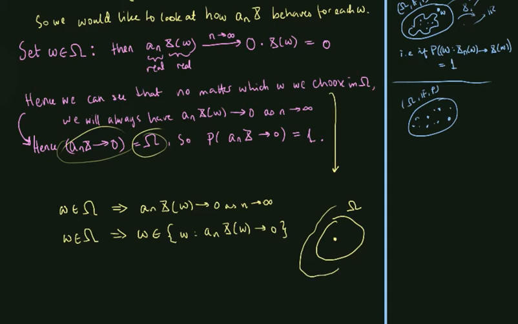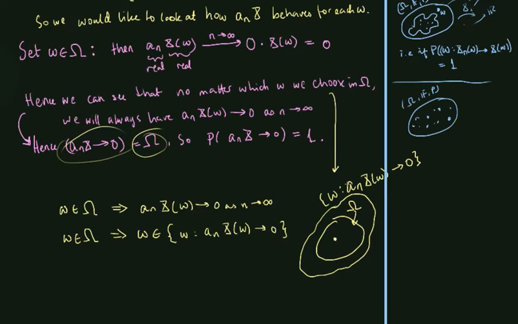So what we actually mean is that the probability space is inside here, and everything that you choose in the probability space lies inside a bigger set, namely the set for which a_n multiplied by X of omega goes towards 0.